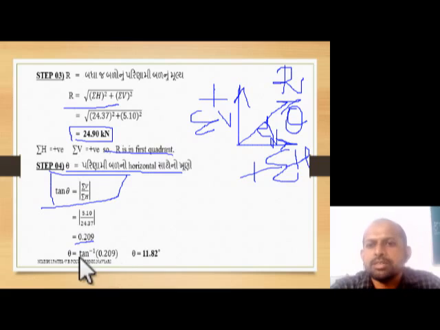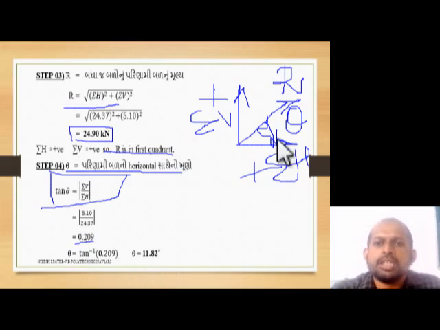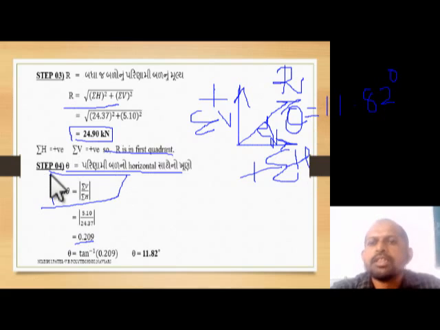Tan inverse 0.209 is 11.82 degrees. So the direction of the resultant force from the horizontal is 11.82 degrees. So by using step number 4, you can easily find the direction of the resultant force.